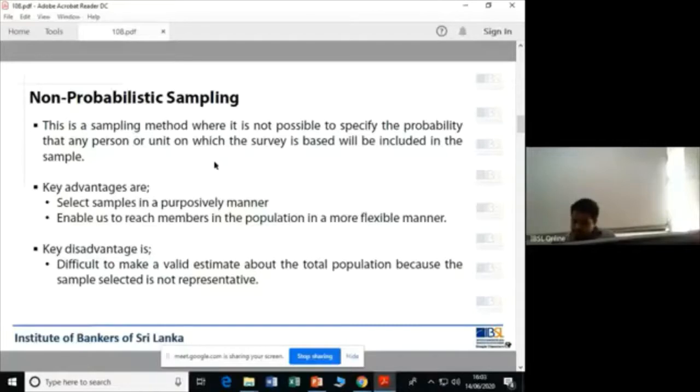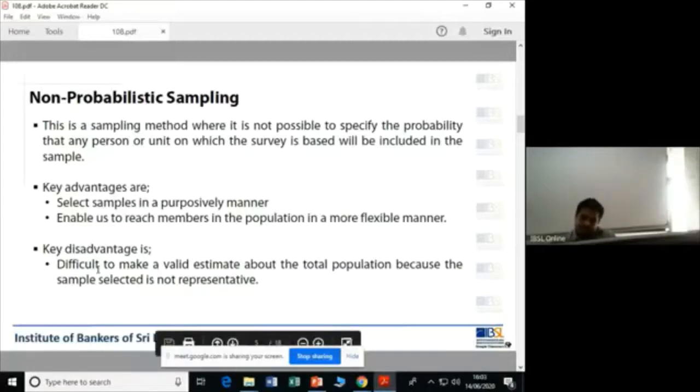if you cannot reach the southern part of the island, and if you can only reach the western province and the central province, you can reach them and omit the other set of people merely because of non-accessibility. Okay.